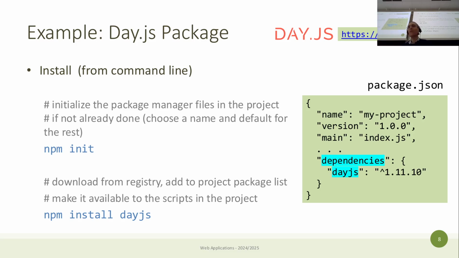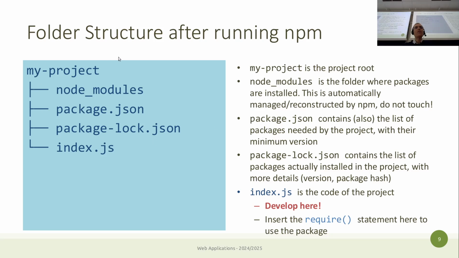Really basic stuff. It creates a first version of the package.json file, which is the list of the packages needed by your project. And then you tell the package manager to install some packages like day.js or whatever we need. And the final structure is what you see here.